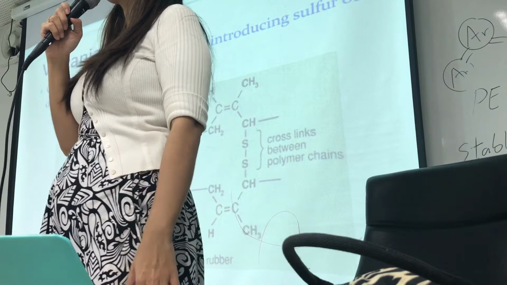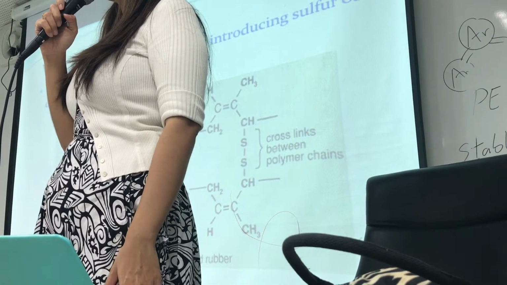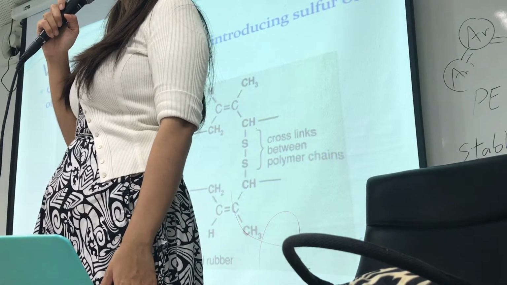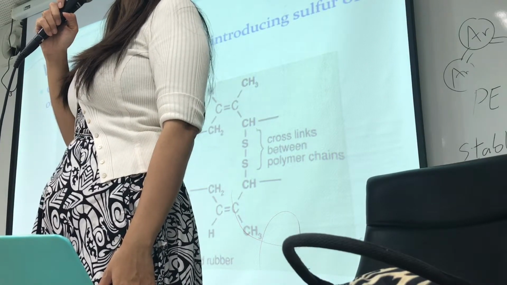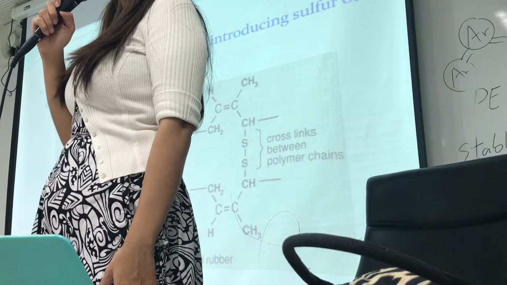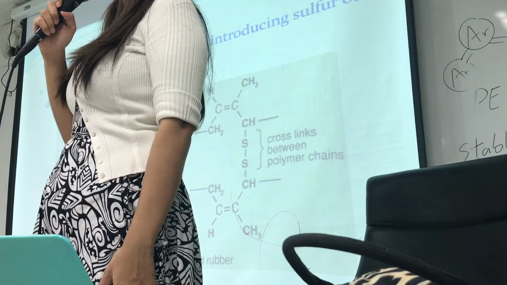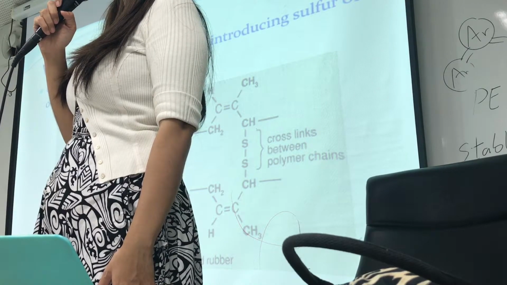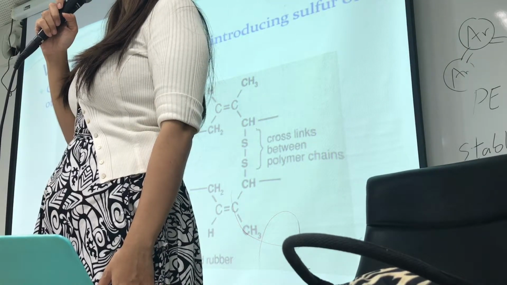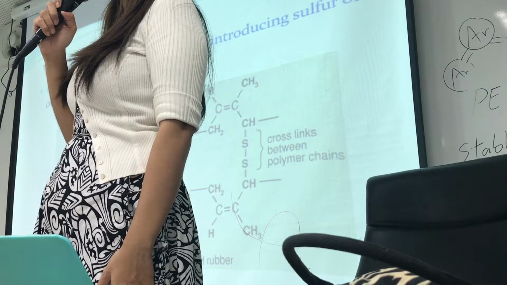One more time. Thermoplastic: you don't see cross-link. Low melting temperature, easier to recycle. For thermoset, there is some cross-link, and it is stronger with a high melting temperature. We normally don't recycle it.